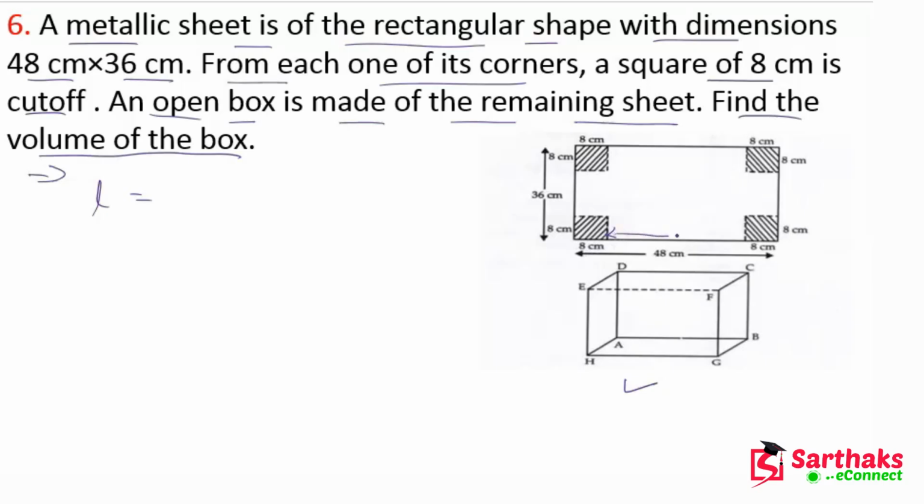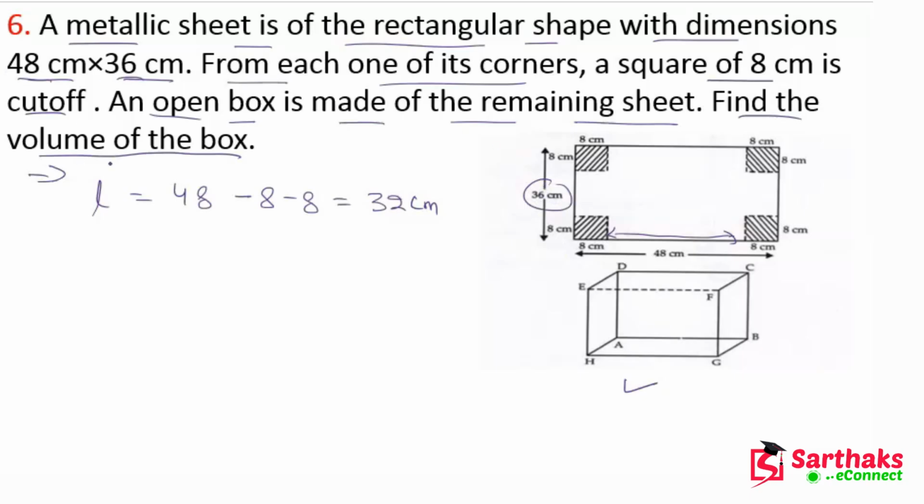Now we have to find this length. This is 48 minus 8 minus 8, because we have to subtract from both the sides, which equals 32 centimeter. This side is 36 centimeter.